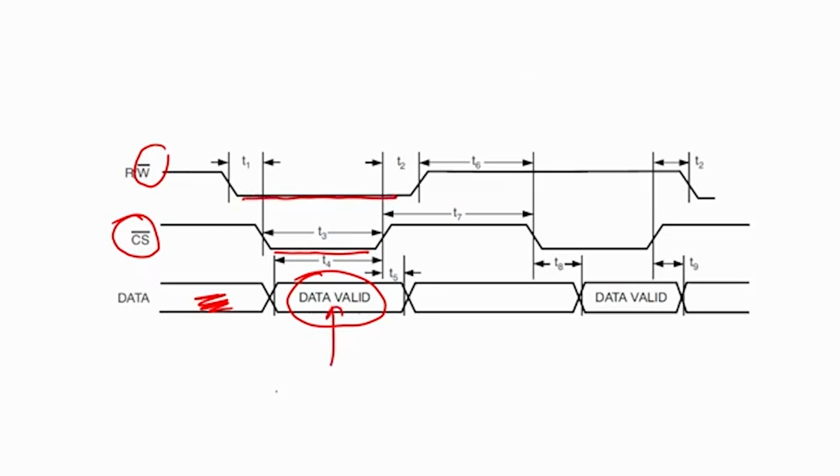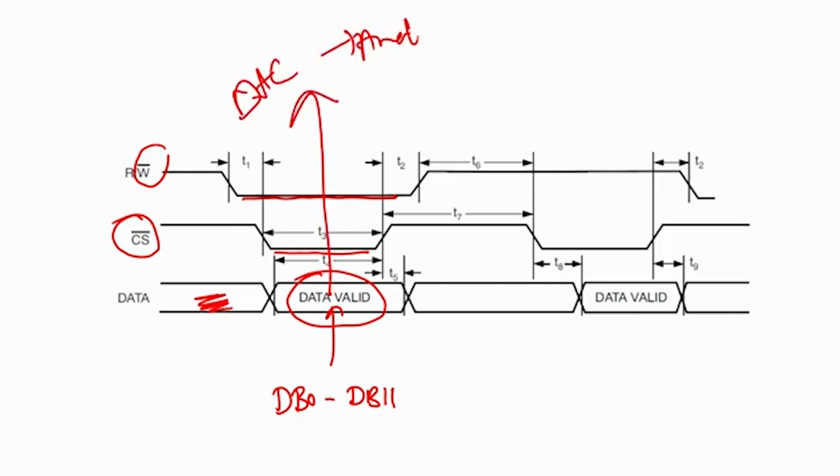So, this data, which is DB0 to DB11 which we saw, correct, will be latched onto the DAC and analog voltage will be taken. Then chip select will go high, invalid, and even if the data changes, it will not take it. Only the next time when this becomes low, it will take it as valid data. But that time it is read.